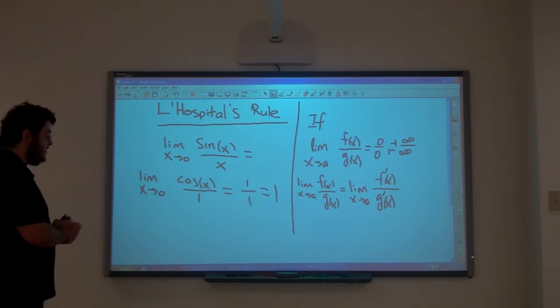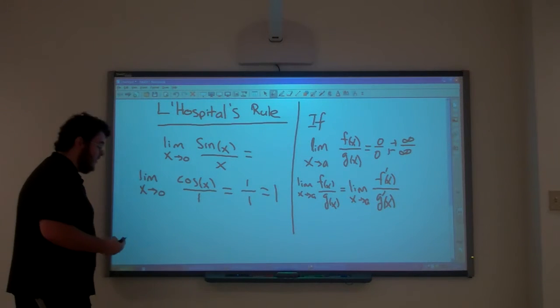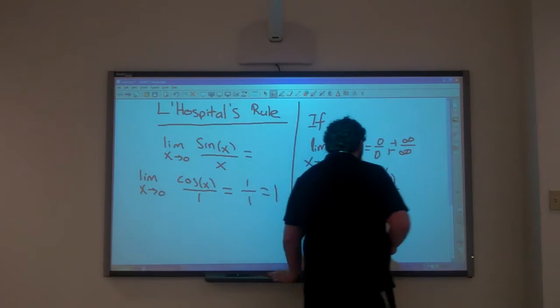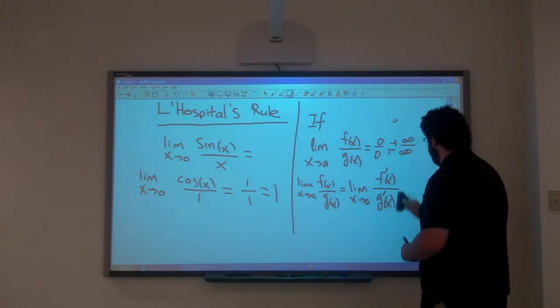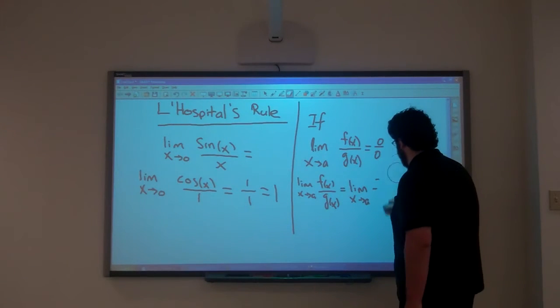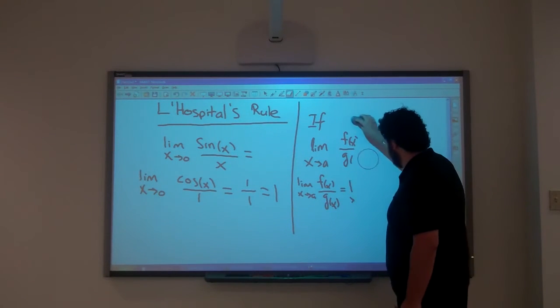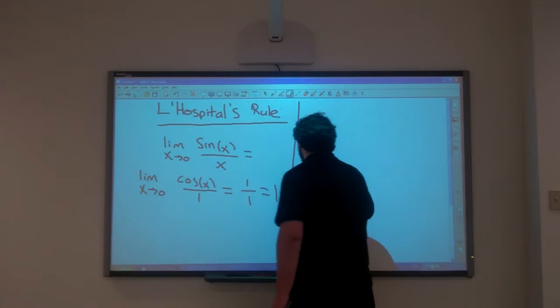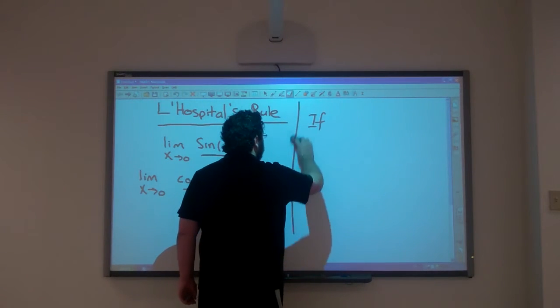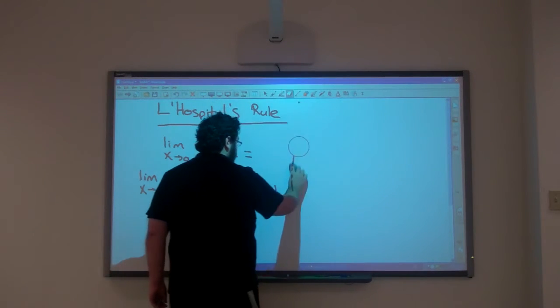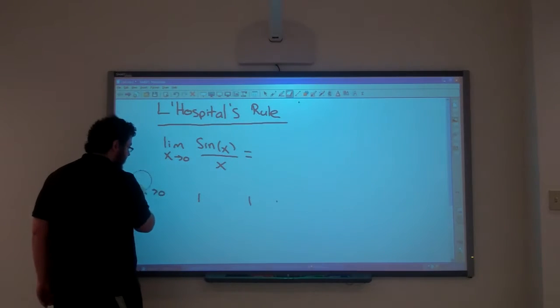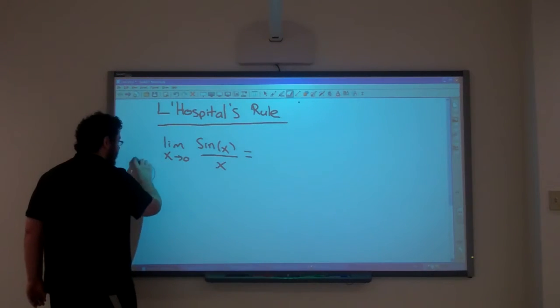Okay, well, let's see if we can come up with another example of when this would be useful. This comes up quite often when you're dealing with rational polynomials, as you might expect, because we deal with those a lot, and you can take limits of these fractions, but they give us not the best answers sometimes. So now we're going to look at a case of infinity over infinity.